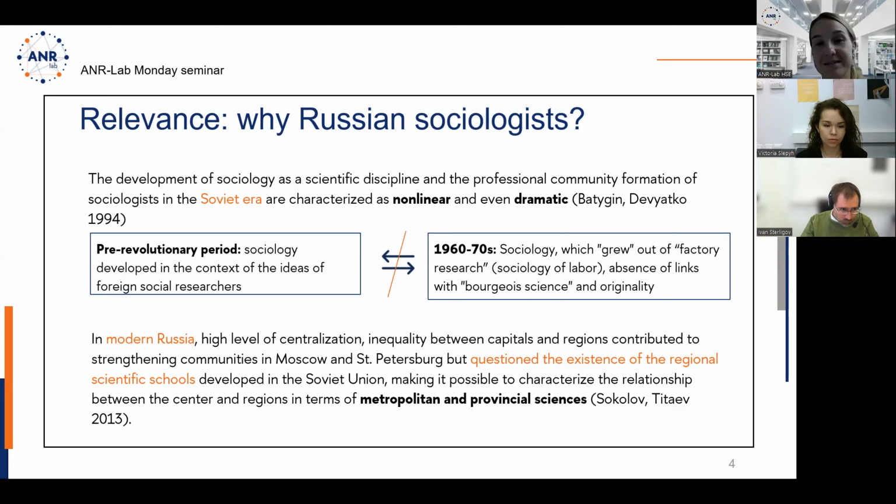But in the 1960s and 70s, sociology somehow grew out of factory research, research which was done in factories and organizations. And of course, it is characterized by the absence of links with so-called bourgeois science.